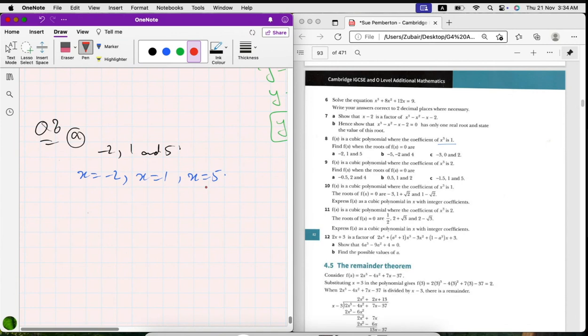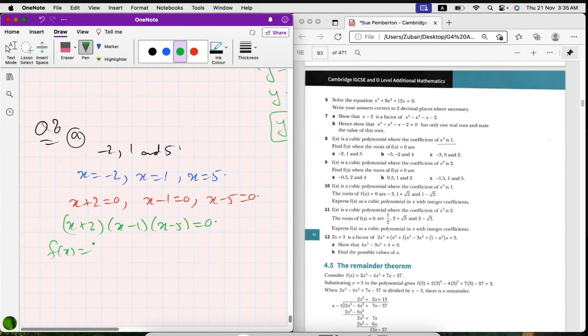Now, one step before this would have been x plus 2 equal to 0, x minus 1 equal to 0, and x minus 5 equal to 0. And one more step back would be x plus 2 into x minus 1 into x minus 5 equal to 0. That's how you are going to get a polynomial.